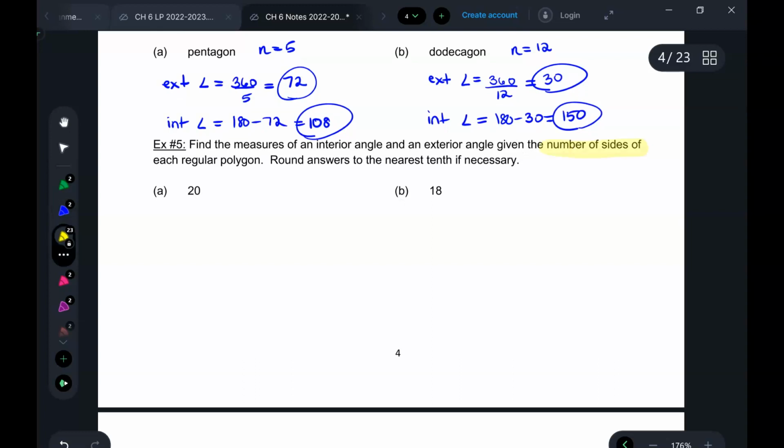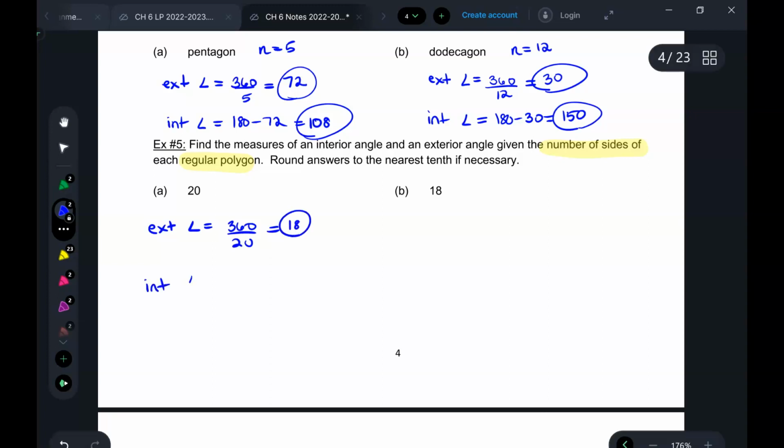Same thing. I'm just giving you the number of sides. Here, we could do this real quick. So what about a 20-sided polygon? That is a lot of sides. So it's going to be 360 divided by 20, and we said that was 18 degrees.